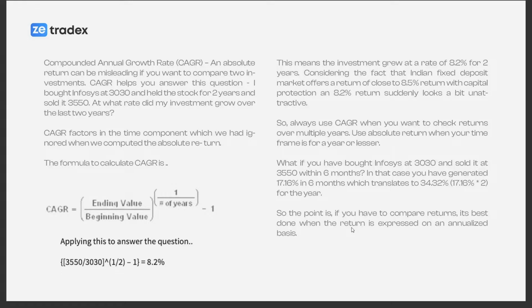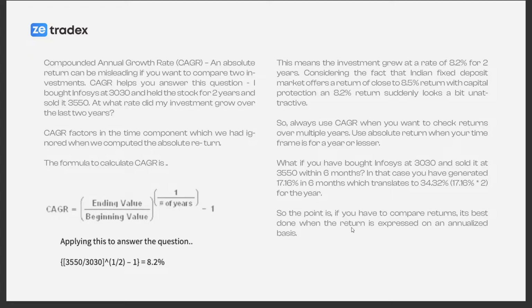Now, when we talk about compounded annual growth rate, an absolute return can be misleading if you want to compare two investments. CAGR helps you answer this question.